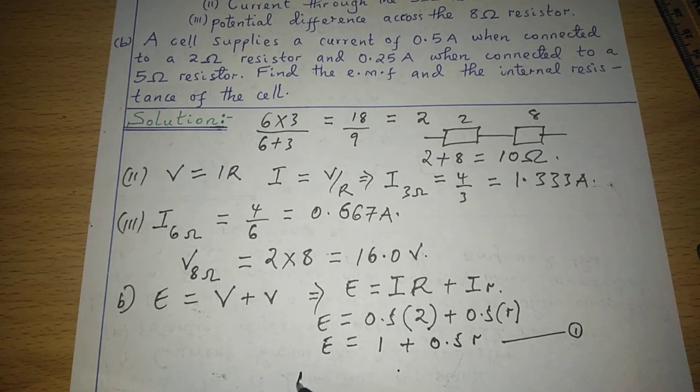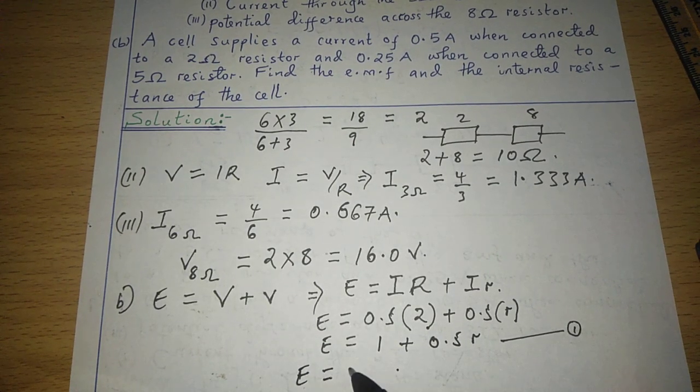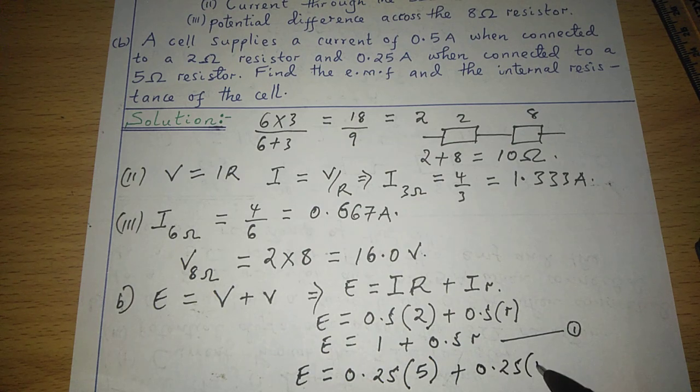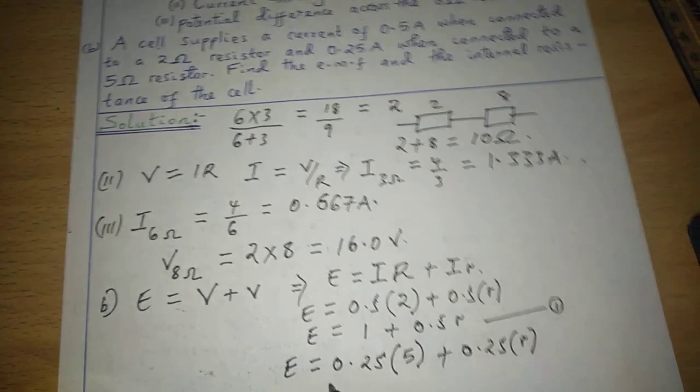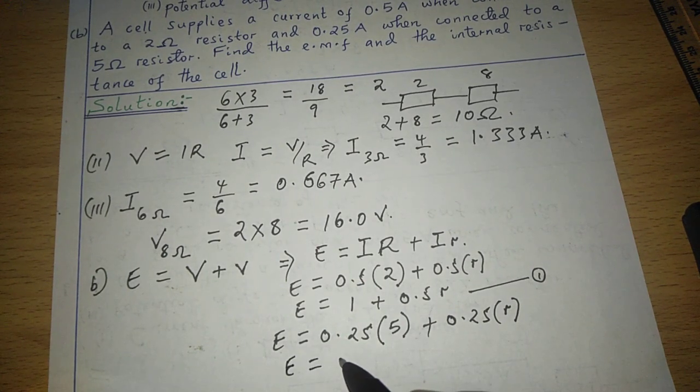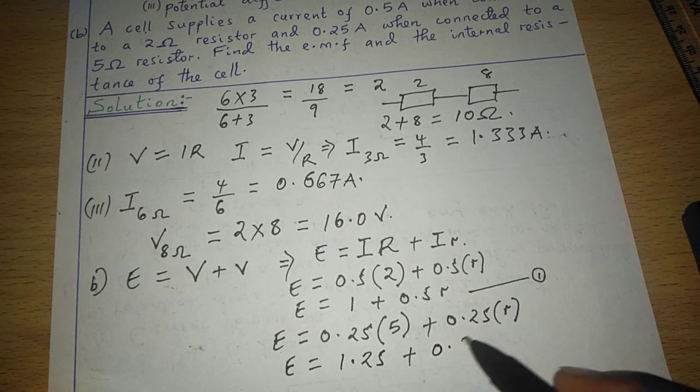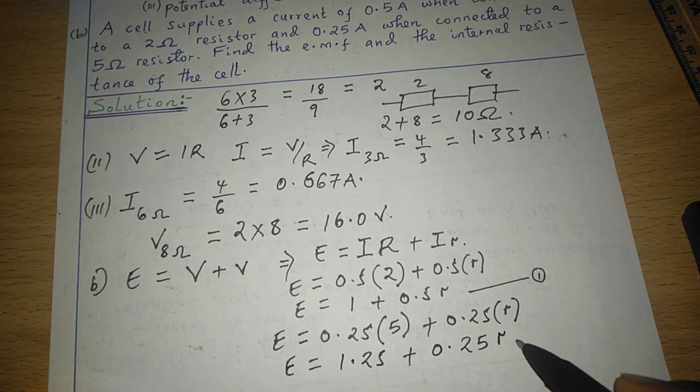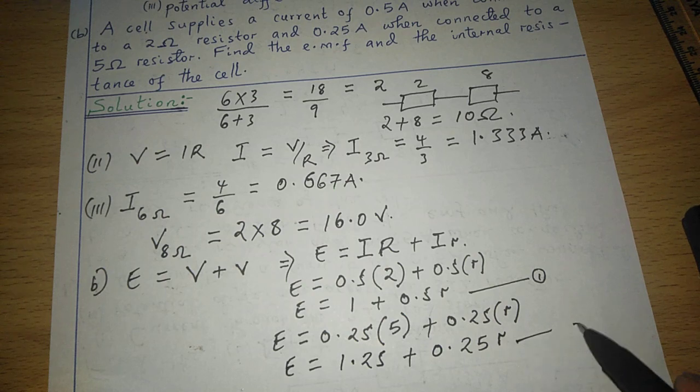Then equation 2, we will have E equals 0.25 times 5 as the external resistor plus 0.25 multiplied by the internal resistance. So E equals 1.25 plus 0.25 R. This one is equation 2.